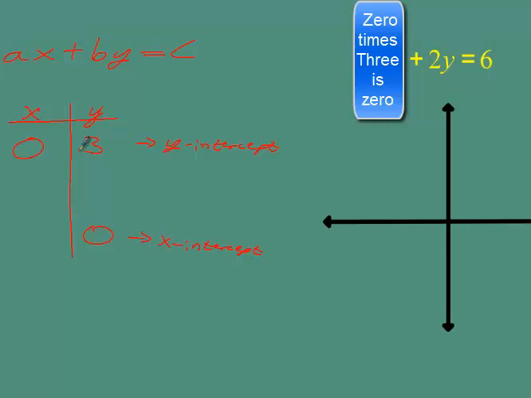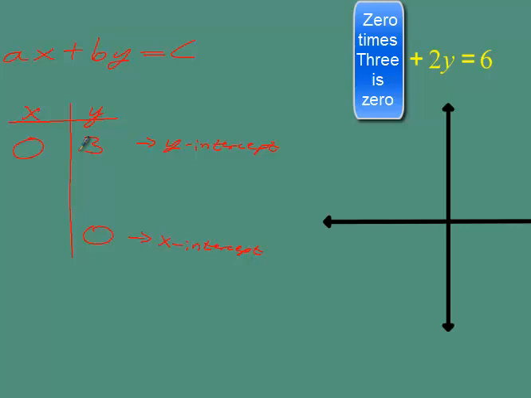So we take our function, and you plug in the x value, right? So I know 0 equals x. So 3 times 0 is 0, so that leaves me with 2y equal to 6. And then how do you get y by itself? Divide by the 2, and y equals 3. So there's 1.